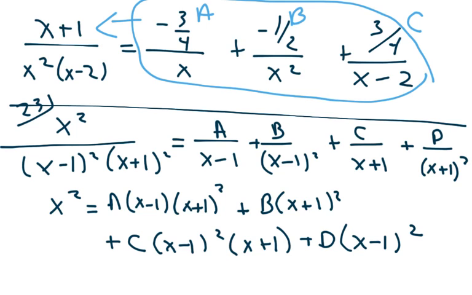So please have this written down on your paper because it's really hard to write all this on the paper. Clearly we're going to let x be 1 because that's going to get rid of this. If you let x be 1, you can get rid of D, C, and A. And if you let x be -1, you'll get rid of everything but D, I believe. So then we're going to have to do the system of linear equations. So here we go.